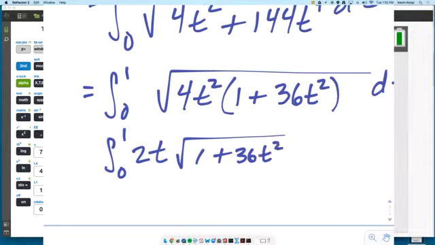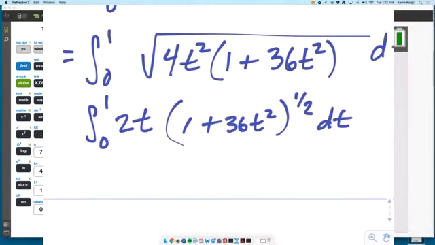And because I'm going to integrate it, maybe I'll get rid of the radical and call that what's left to the 1/2 power. And now we're back in section 4.4. You have a product. The 2 goes along for the ride. Your inside function is 1 plus 36t squared. What's its derivative? 72t. We get the critical t. We're only off by 72.